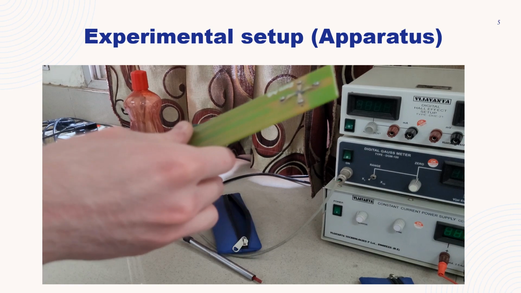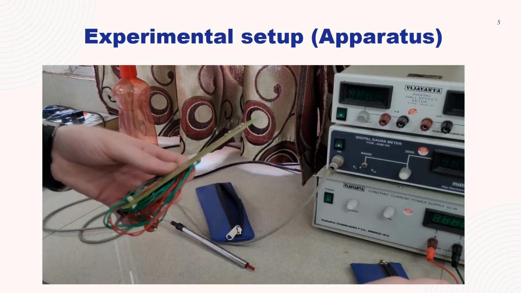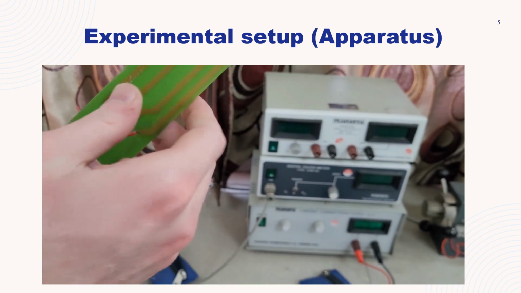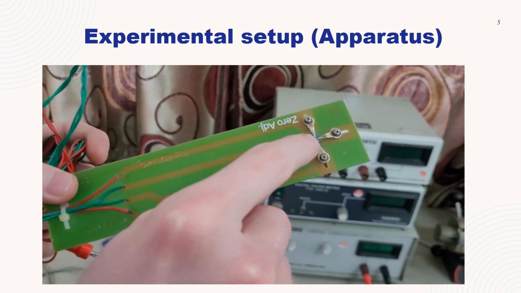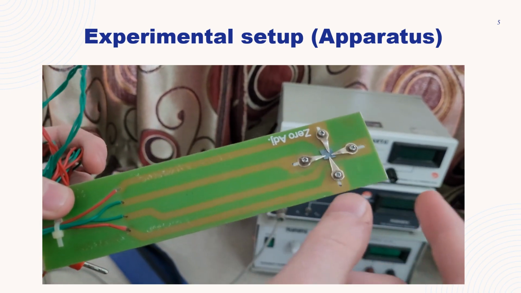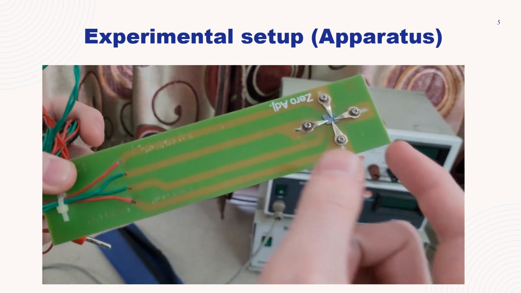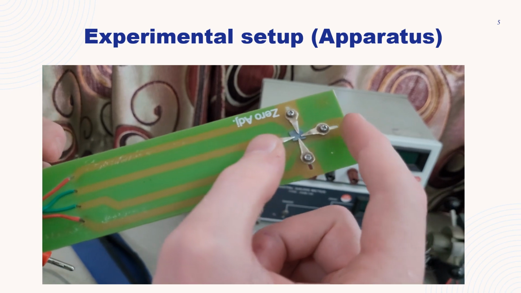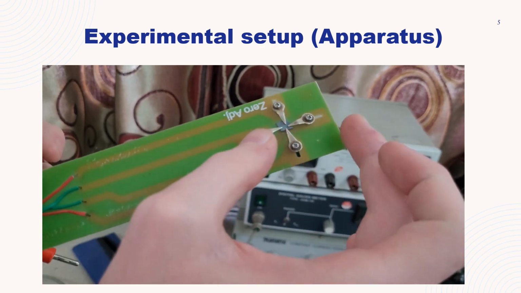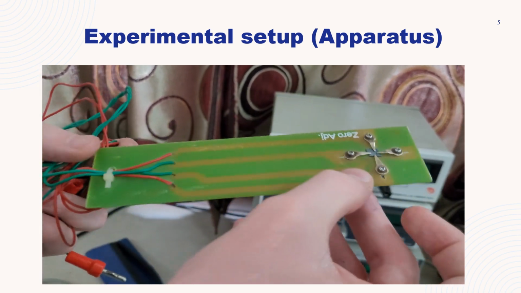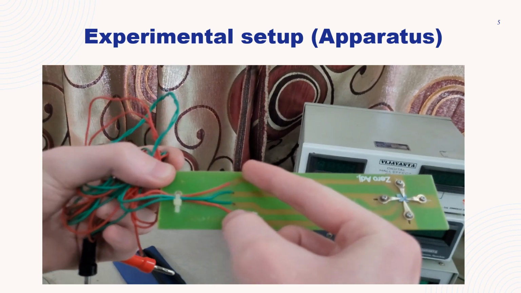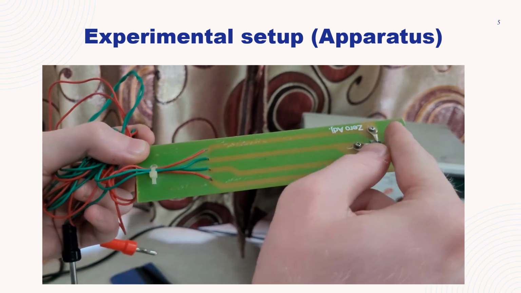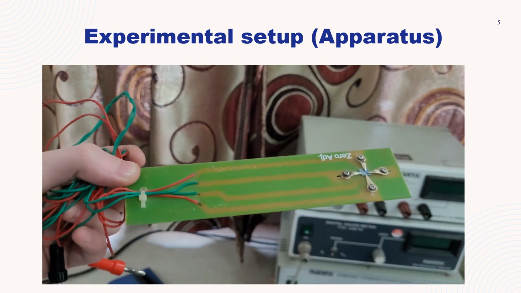And these are the two p-type and n-type germanium samples. This germanium sample is here, and to measure the voltage and current across it, we are using the 4 probe arrangement. These 2 probes are for measuring the voltage across the sample, and these 2 probes are for measuring the current through the sample.